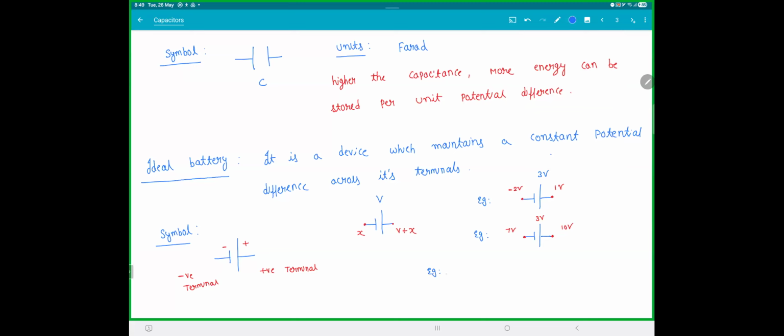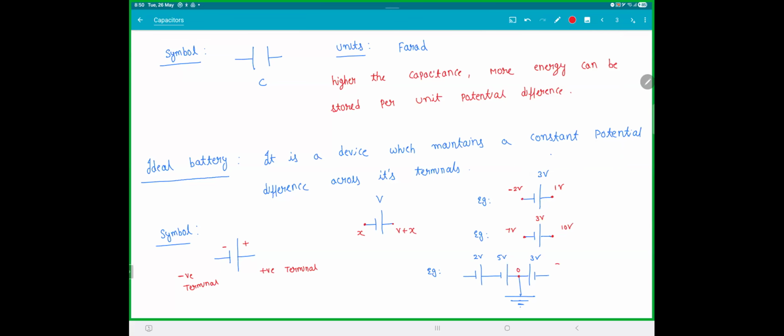You guys tell me about this. What if you have multiple batteries? The middle wire is grounded. This is 2 volt, this is 5 volt, and this is 3 volt. This point is 0 because it is grounded.